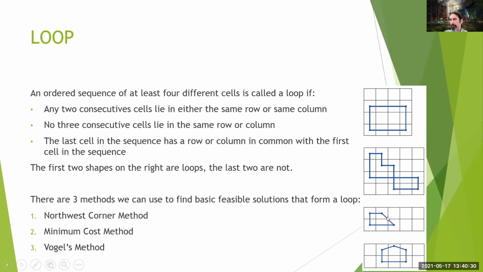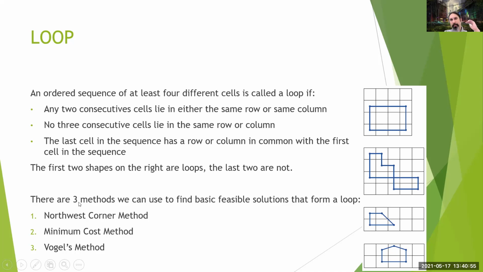But this is 4 points going sideways, diagonally, so this is not a loop as well. But this is a loop, 4 points. As I said before, you can have basic variables in other places as well, but this one is forming the loop. You just pick one loop out of them. You will understand what I'm talking about when we start finding the solution. But the loop is very important in the iteration, you will see.